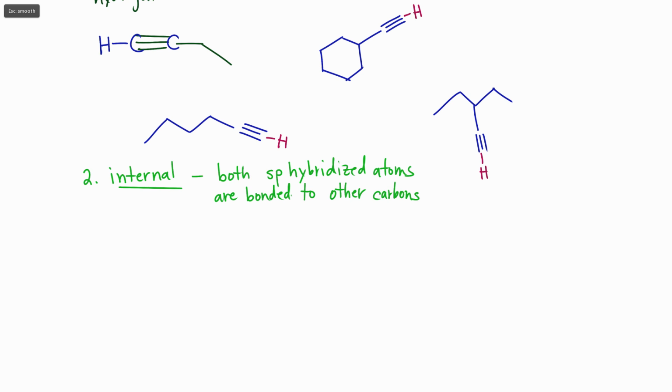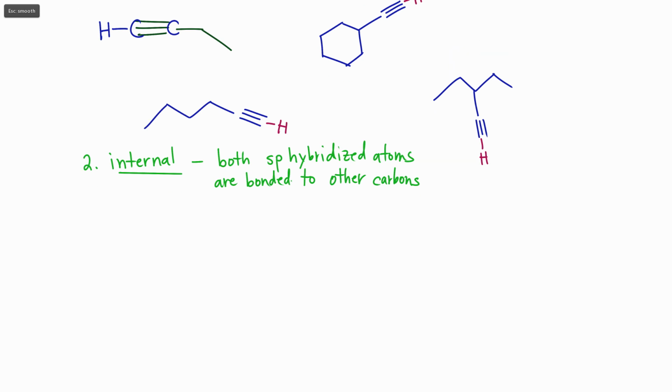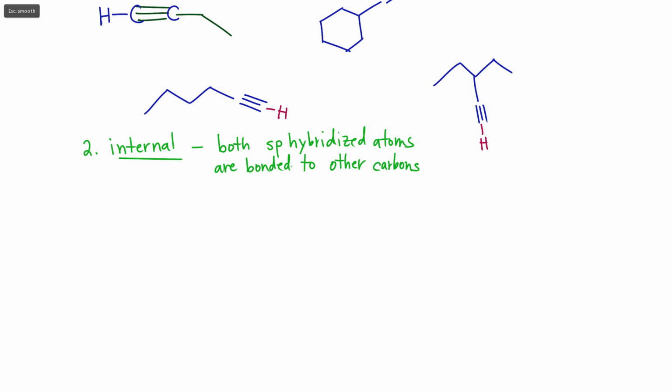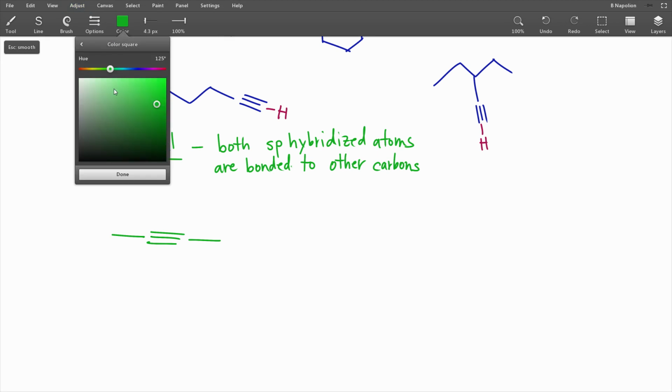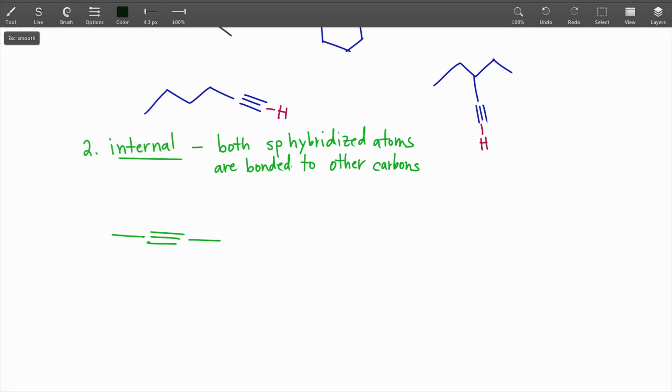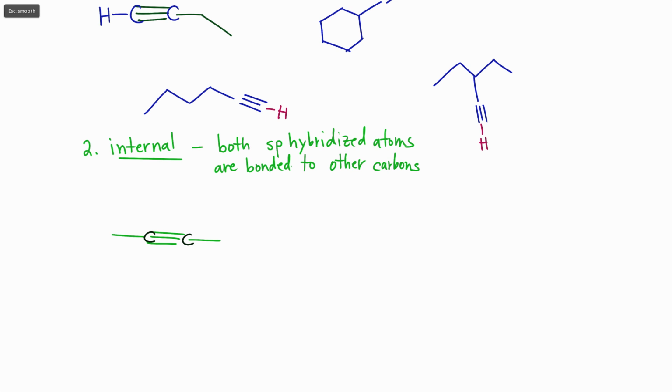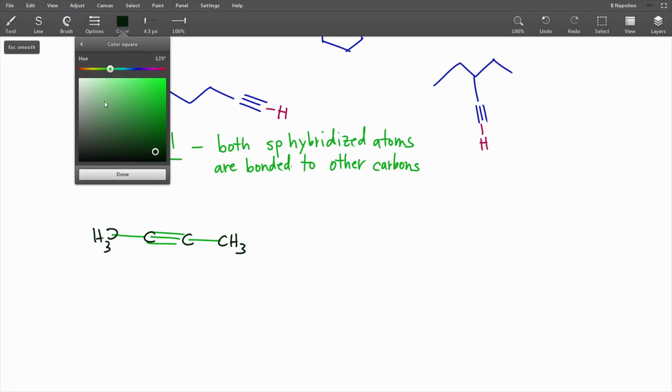So, if we can differentiate between an internal and terminal alkyne, let's look at some internal alkynes. This is internal. Okay, why is this internal? We have a carbon, and this carbon is bonded to another carbon. This is a CH3. This is a CH3. That is an internal alkyne.